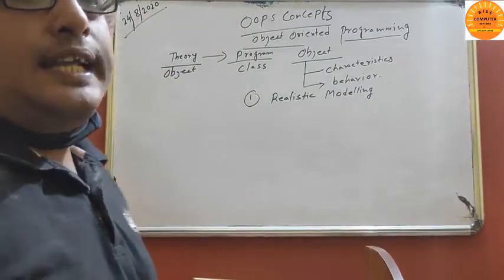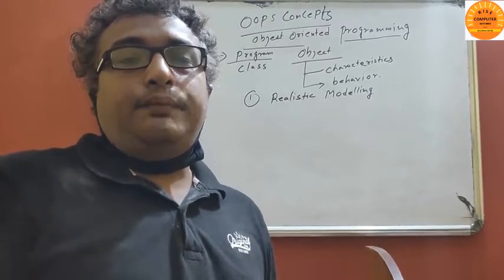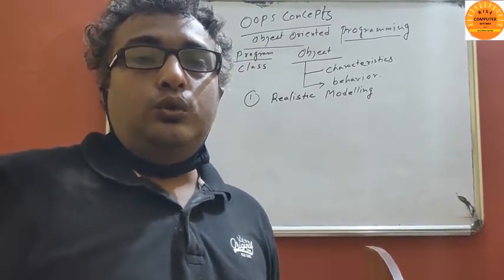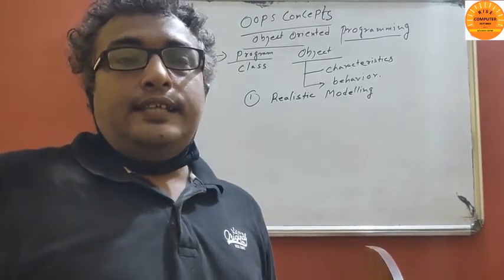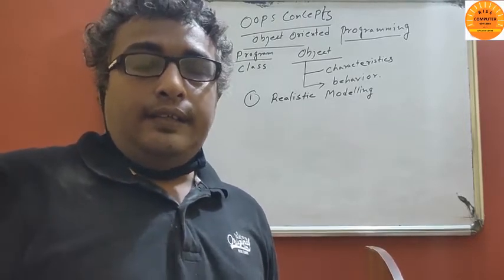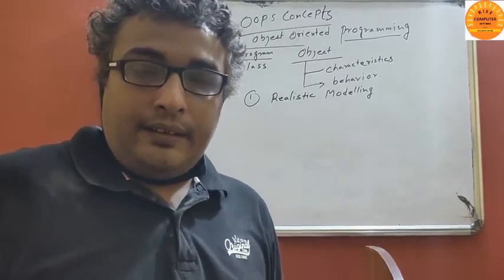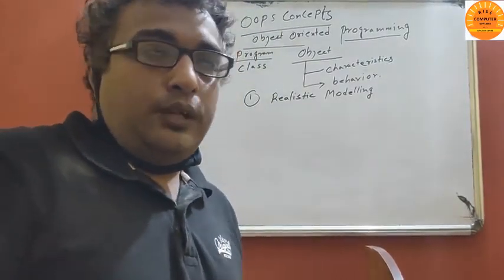That means whatever we discuss in Java or in any kind of object-oriented programming belongs to the real world, with 100% similarity to the real world. Suppose we are going to write a program using a car. The car is the object and it is a real-life entity. So it is the first property of object-oriented programming.